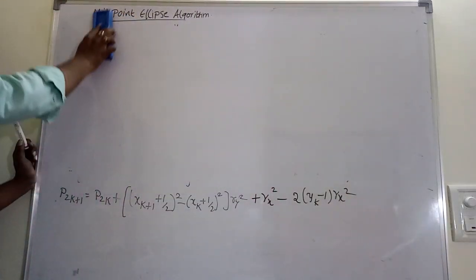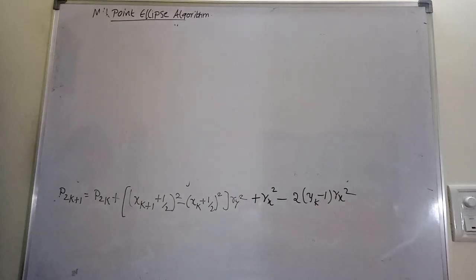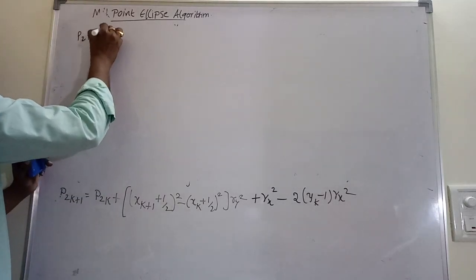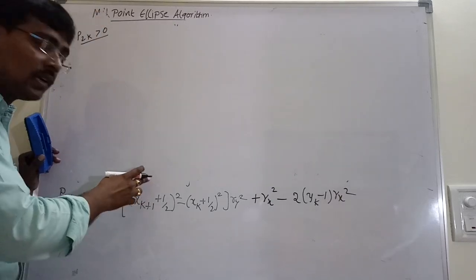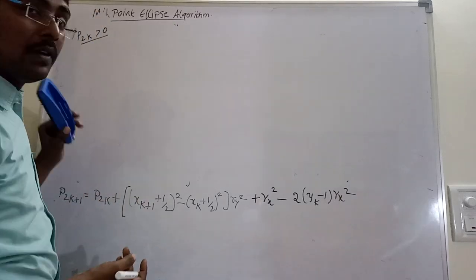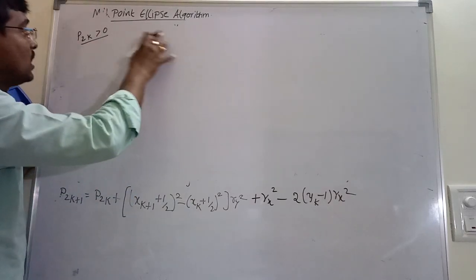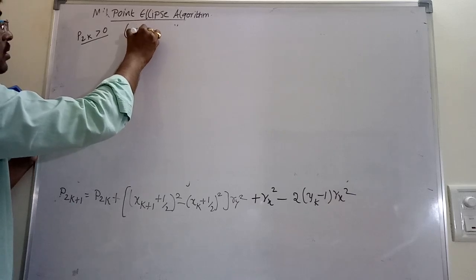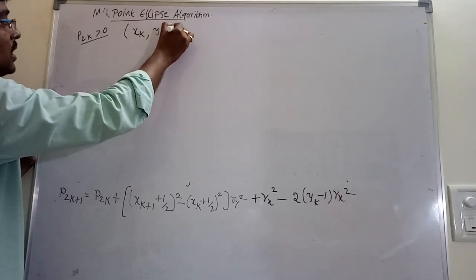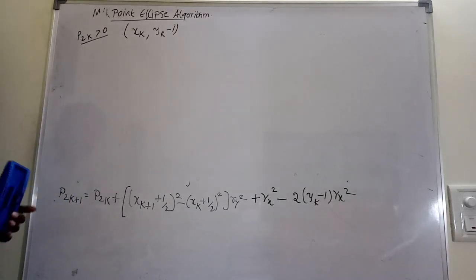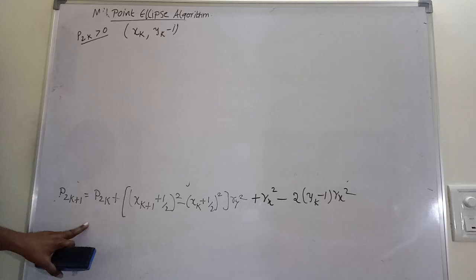check whether P2k value is greater than 0 or less than or equal to 0. Suppose in this case, if P2k value is greater than 0, exactly reverse to the previous procedure. In the previous region 1, if less than 0, that means the same y coordinate. Here it is greater than 0, the same x coordinate. So xk comma yk minus 1. So similarly substitute in this equation.